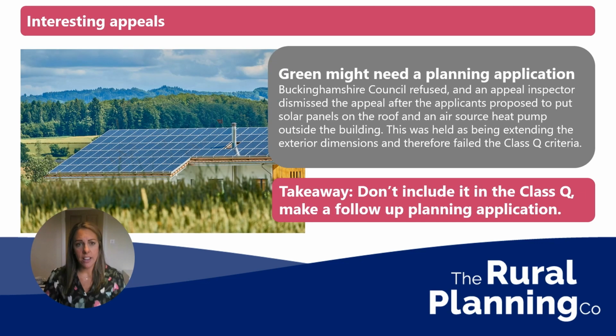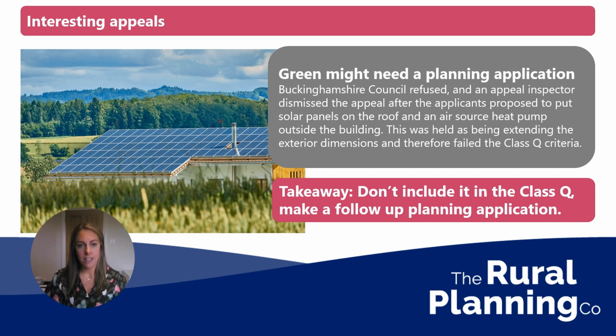The next one is in Buckinghamshire. The council refused this application because the applicants had proposed to put solar panels on the roof and an air source heat pump next to the building. Now, obviously, it's very good and desirable to use renewable technology.